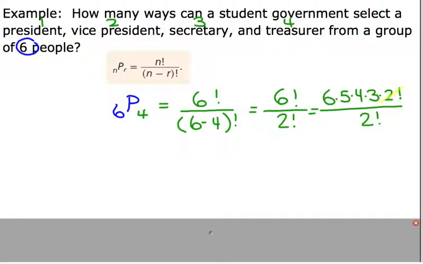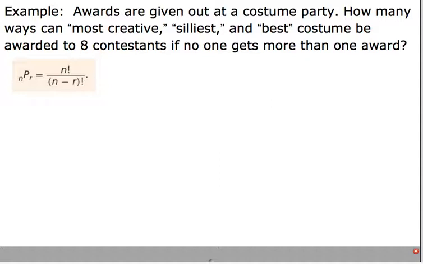Go ahead and cancel these. Now we're going to multiply 6 times 5 times 4 times 3. And we get 360 different ways that we could rearrange the order of who is president, vice president, secretary, and treasurer from a group of 6 people.